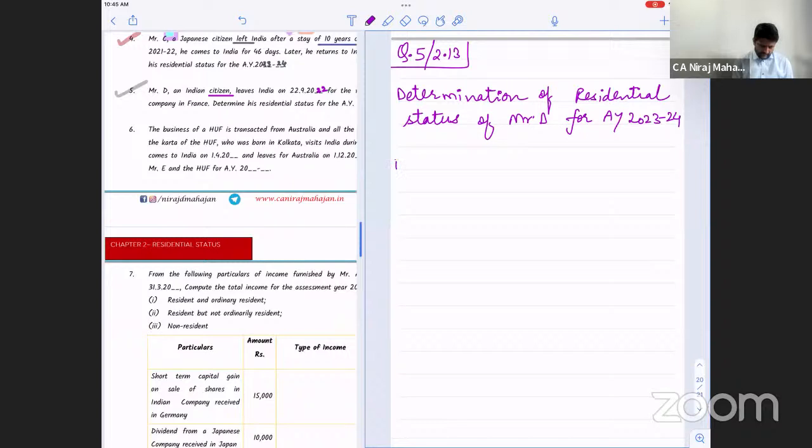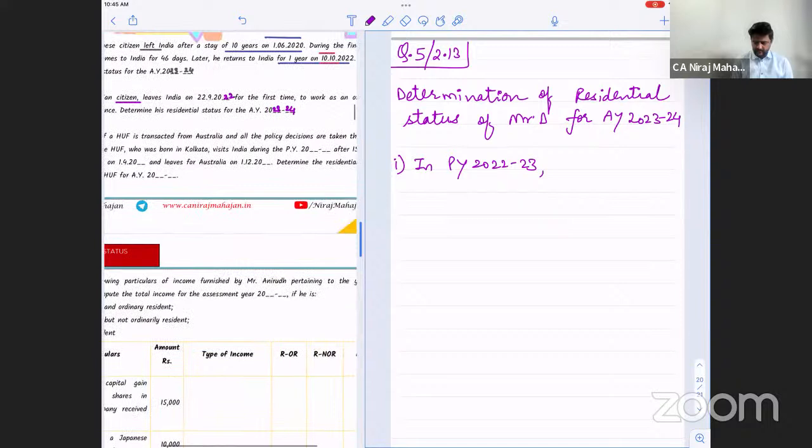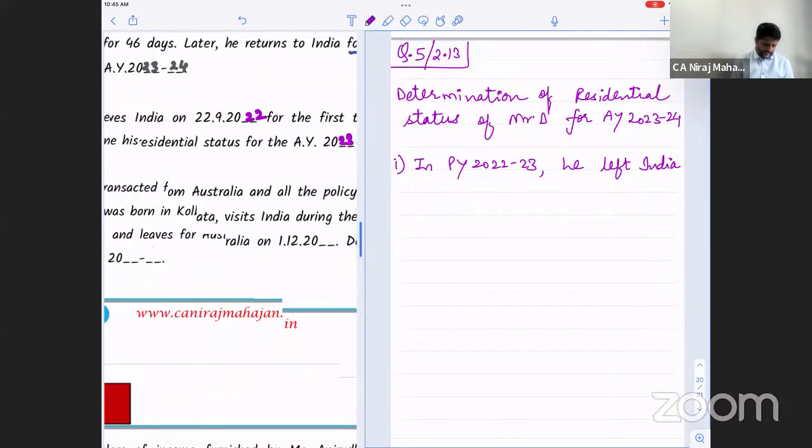All right. Point number 1. We will write down as per points. In PY, that is current year, I'm talking about 22-23, he left India. What date? 22nd September.